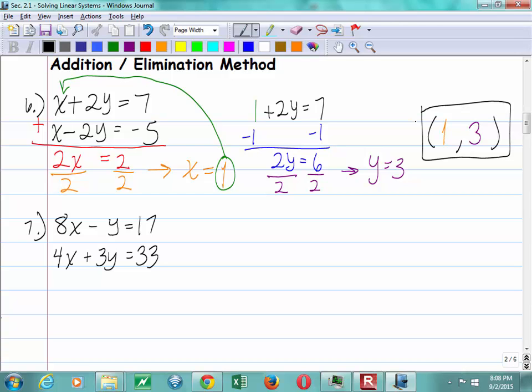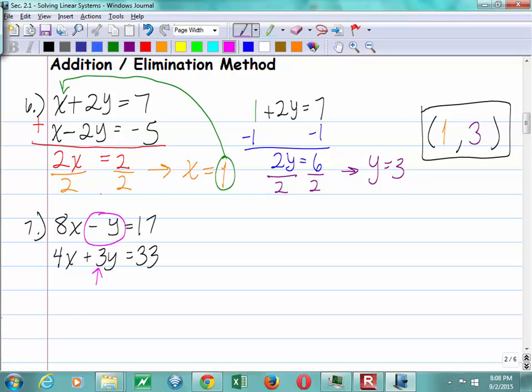Okay, so whenever you have a variable that has a coefficient of, say, 1 or -1, like for example in this case that would be this -y right here, so it doesn't really have a number in front of it. So that makes it kind of easy to say, okay, well, what number is in front of the y in the other equation? Well, it's +3.